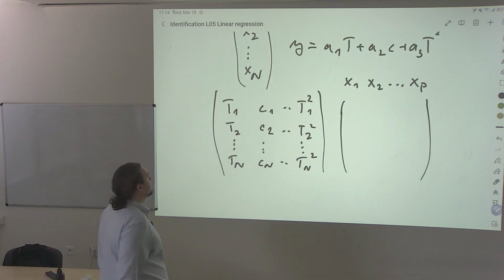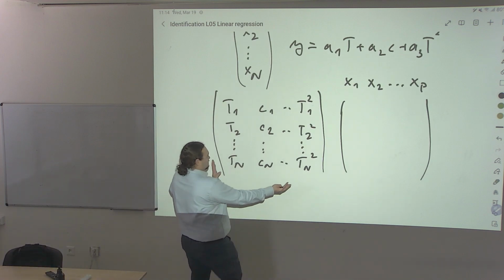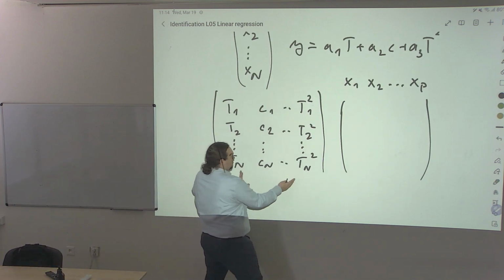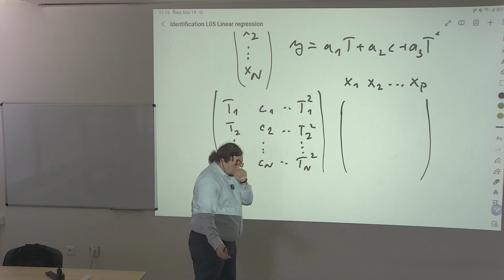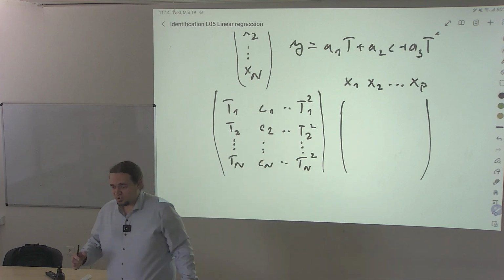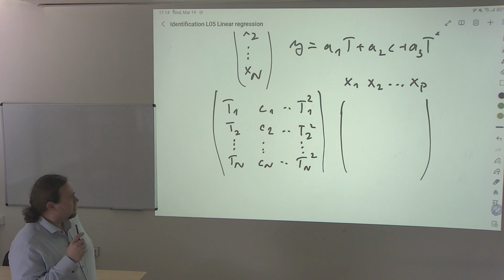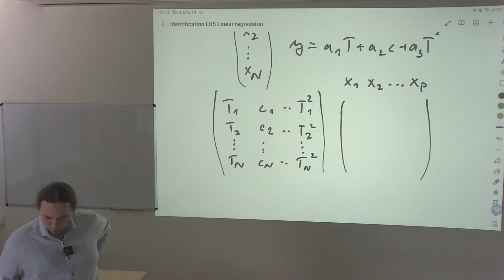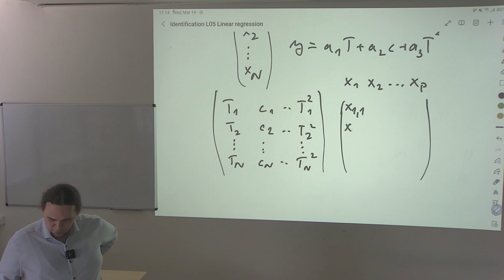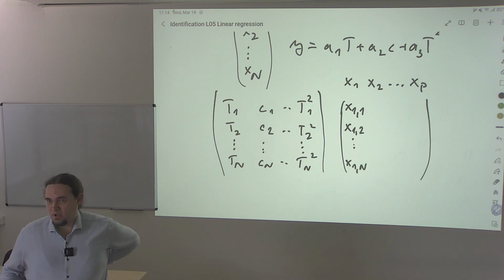And so if we transform this example into some more general format, we will have the first variable measured at first experiment, first variable measured at second experiment, first variable measured at nth experiment.